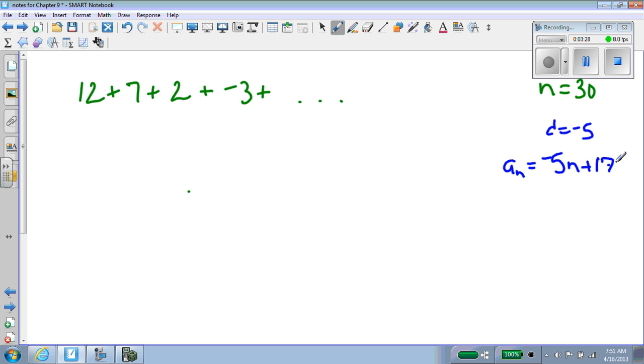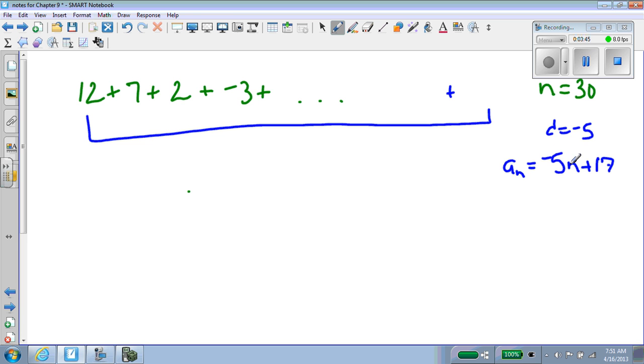Okay, in order to use my pattern, I need to know what the sum is from the first one to the last one. So I need to know that last term. Well, the last term is the 30th term.